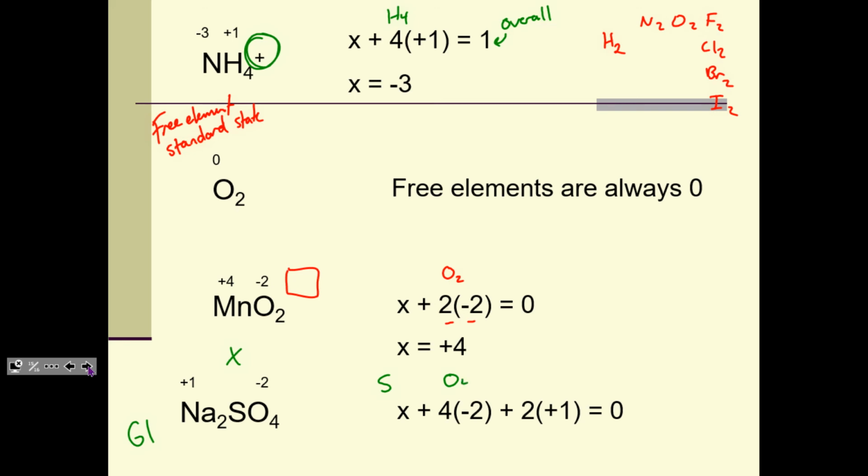Here is O4, 4 times negative 2. And then here's sodium, 2 times plus 1. Kind of went out of order here. And we can go ahead and solve X minus 8 plus 2 equals 0. That would be X minus 6 equals 0. So sulfur should be a positive 6 when we solve here.